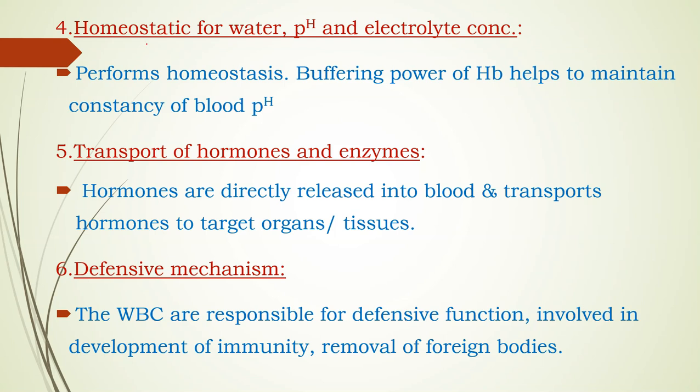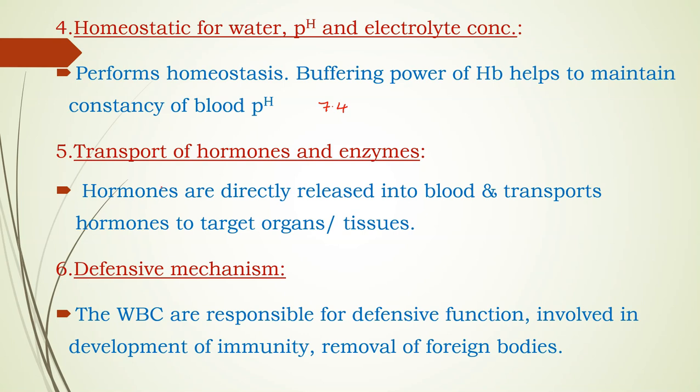That means it maintains a balance. It has buffering power, which helps to maintain the pH constant. We have already seen that the pH of blood is around 7.4, which is slightly alkaline. This pH is maintained by buffering action, usually by the bicarbonate system and hemoglobin.